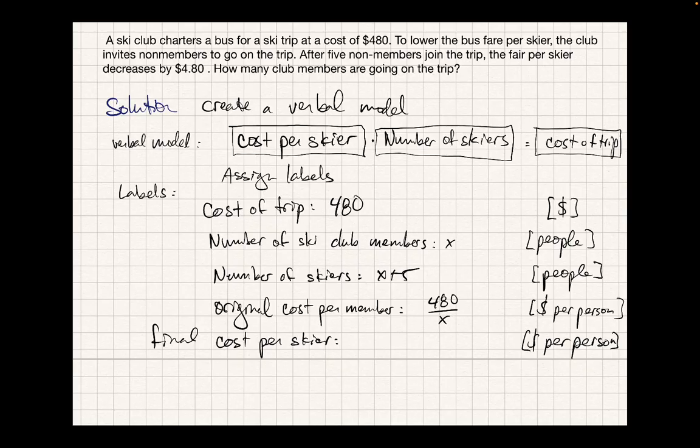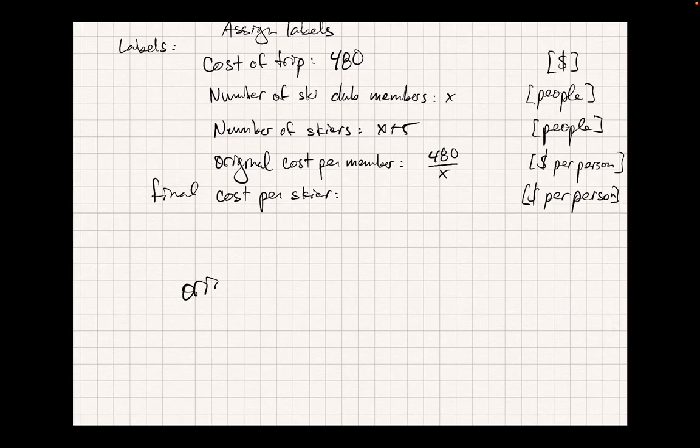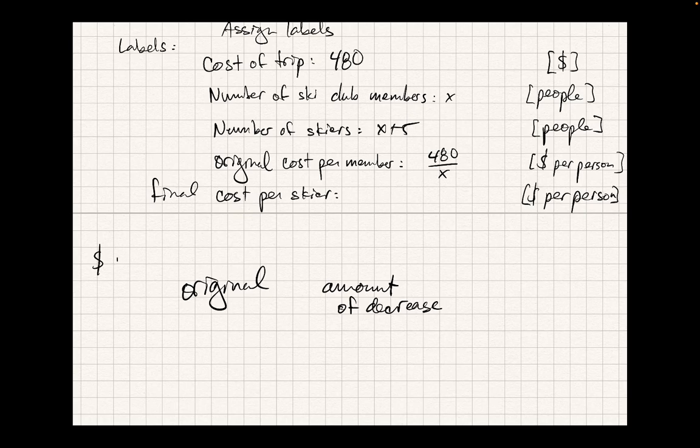So I have original amount, amount of decrease, and this is all in the dollars per person realm.